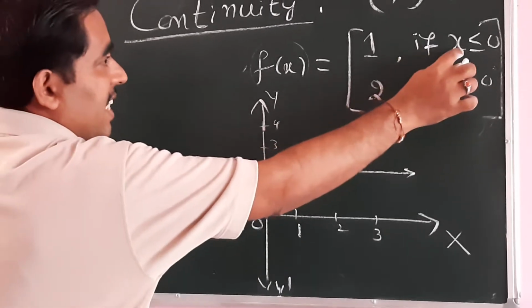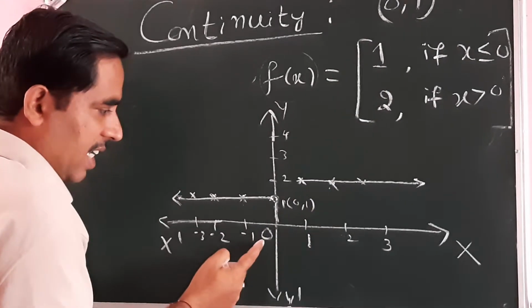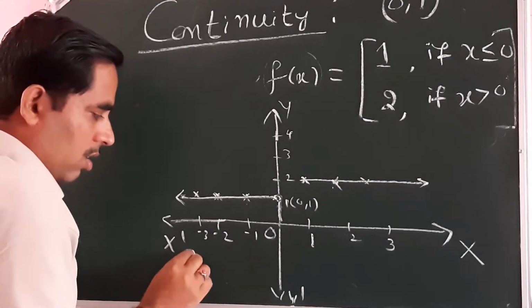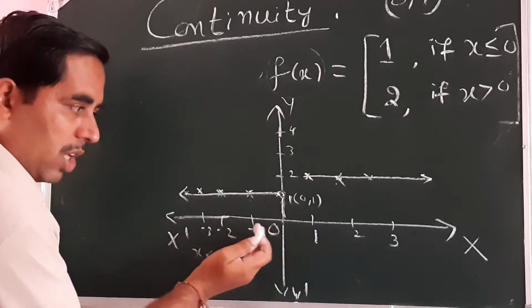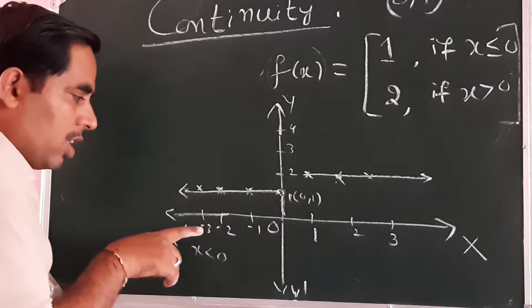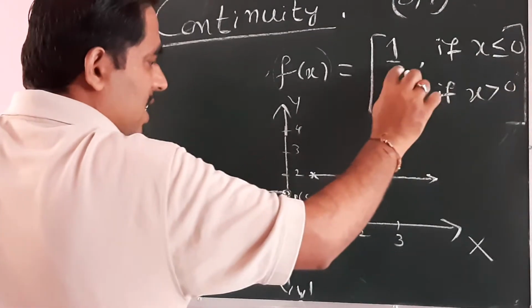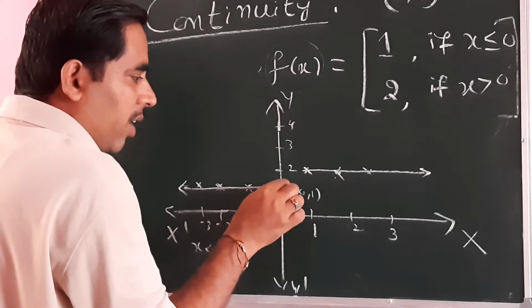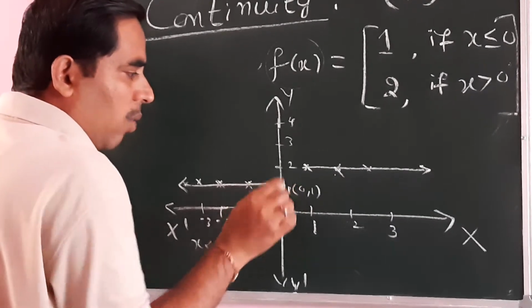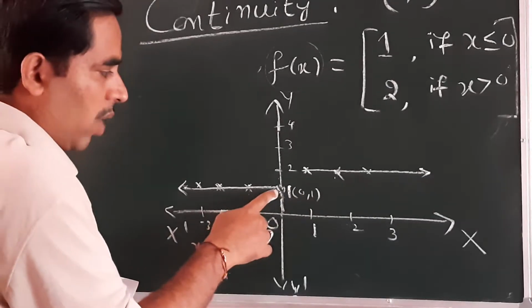If x is less than 0, we must observe the points on the left side of 0. These are all the values less than 0. So when x is less than 0, the value of y is 1.